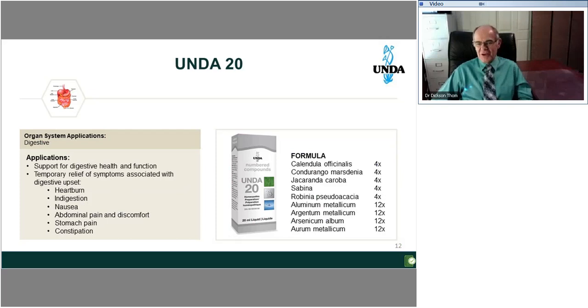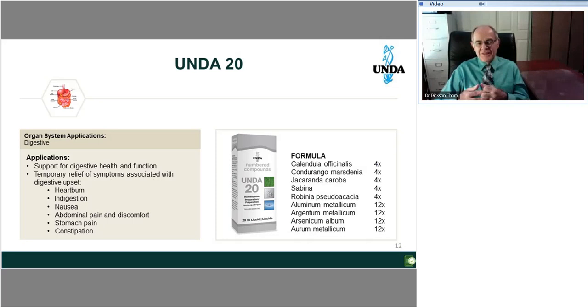Most of them have 1, some have 2, some have 3, but UNDA number 20 has 4. What does it tell us when we look at the remedies that are in there? It tells us that it has a function on basically any and all organ systems, because the metal and the herbs have an organotrophic effect. We'll take it to whichever organ system we're trying to support.